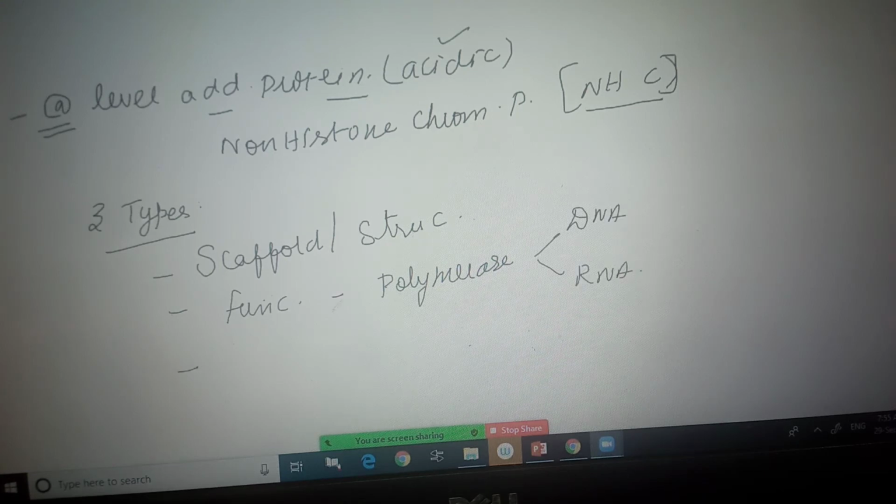We will study the role of these polymerases later. Next one is the regulatory NHC. You can take an example, HMG, that is high mobility group protein, which controls gene expression.